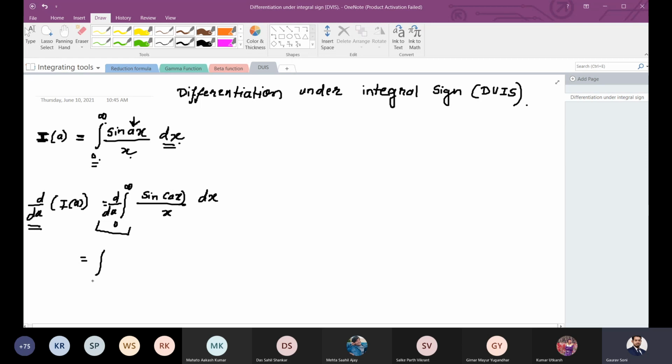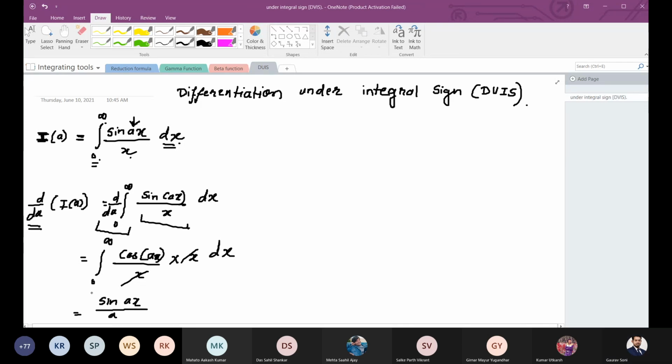So what we will have is integral 0 to infinity derivative with respect to a of this term, and that will be cos of ax upon x into x dx. This is the derivative of this term, sine of ax upon x. So this x gets cancelled out, and what is the integration now? The integration of cos of ax is sine of ax divided by a.